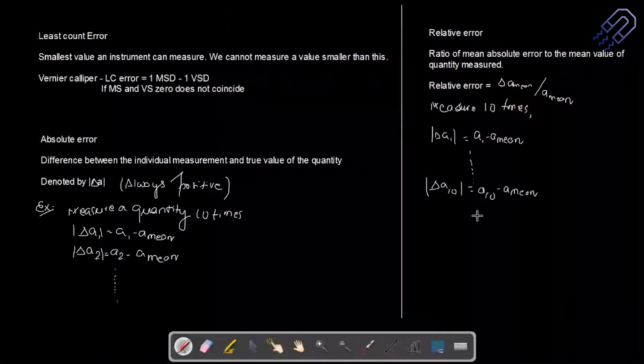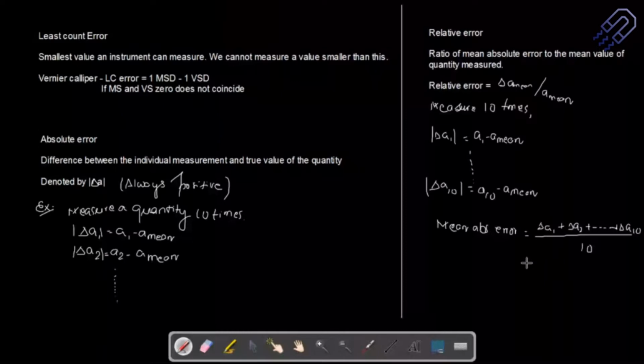Now if we want to find the mean absolute error, it's very simple. Just take delta A1 plus delta A2, and all the 10 values up to delta A10, divided by 10.